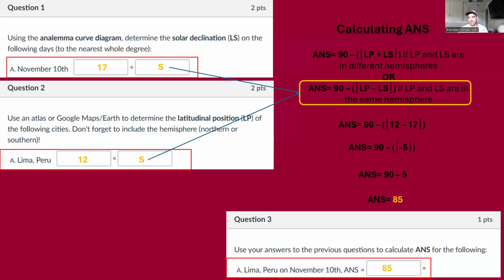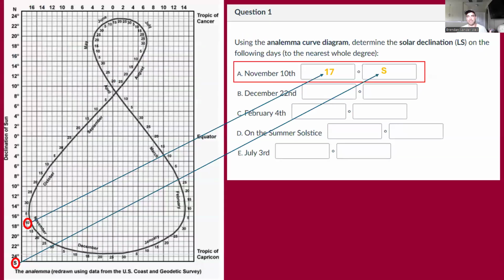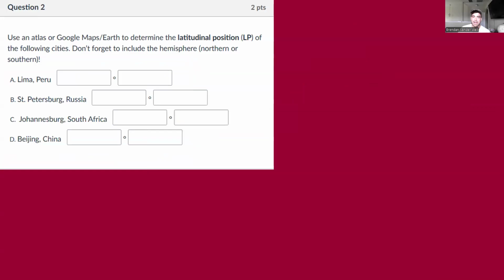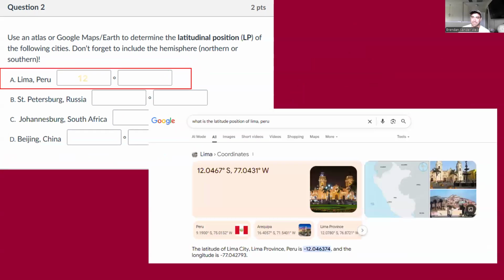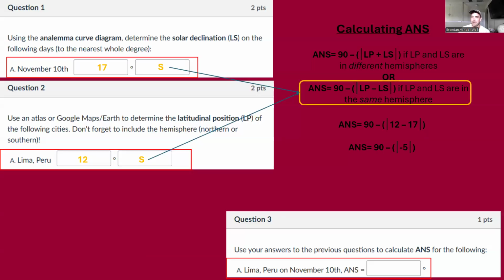And so you'll have that for each one. You just determine your angle of the noon sun off the analemma, and you'd move through and do December 22nd. Find that on there, plug it in. It'll be south again. And then you'll find these different latitudinal positions for these cities, and then run through your equation one more time for each of those components.